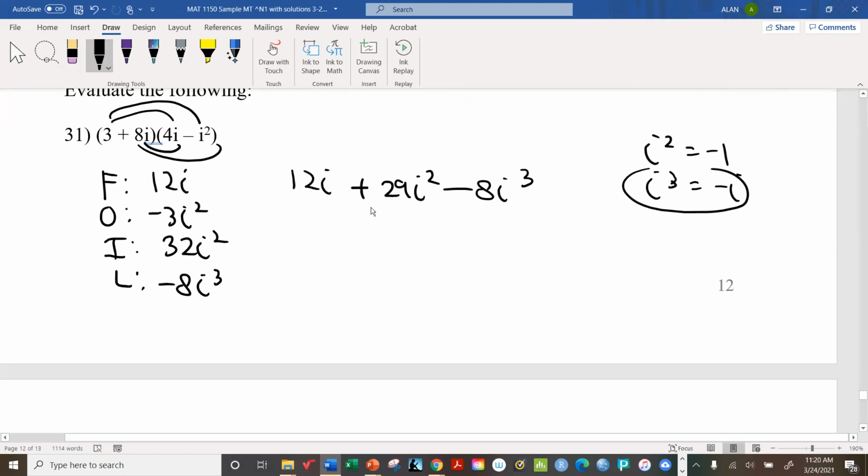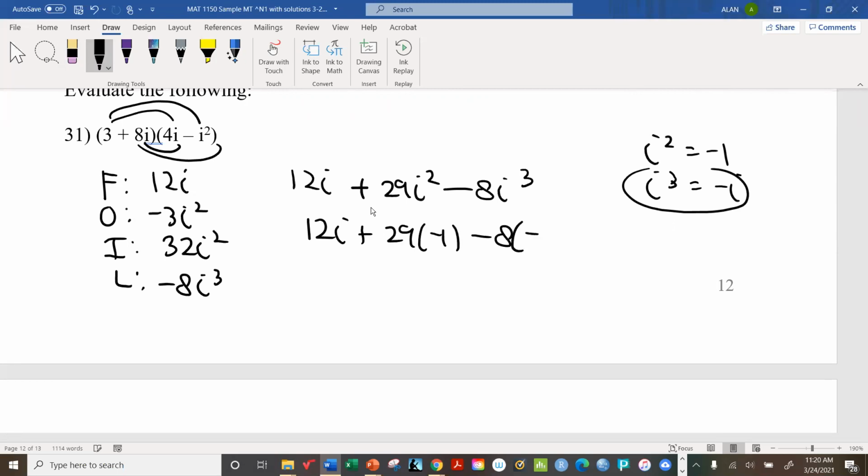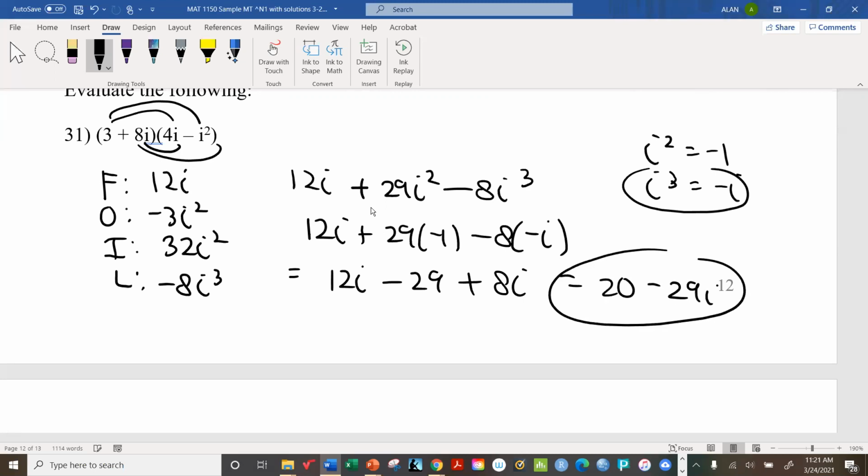All right, so that being the case, you have 12i plus 29 times -1 minus 8 times -i. So you've actually got 20 minus 29i as your final answer.